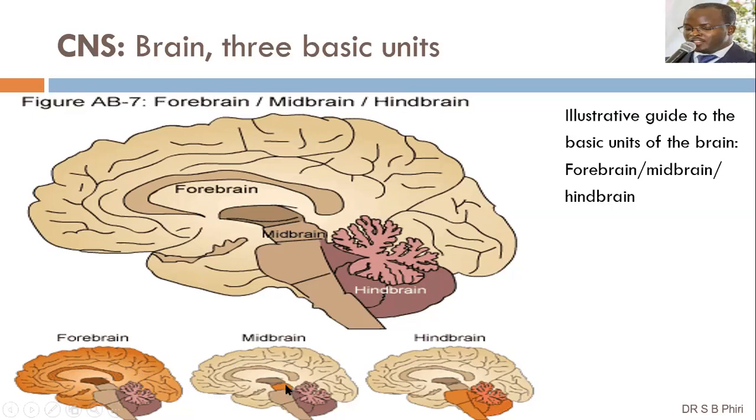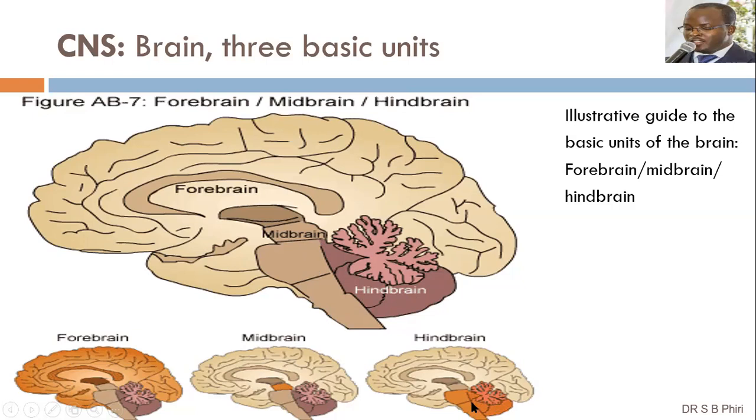The midbrain is the mesencephalon, and the hindbrain is composed of the cerebellum and the brainstem. The brainstem mainly is composed of the midbrain, the pons, and the medulla oblongata. But when you're talking of the hindbrain, it doesn't involve the midbrain. The hindbrain is just composed of the cerebellum, the medulla oblongata, and the pons.